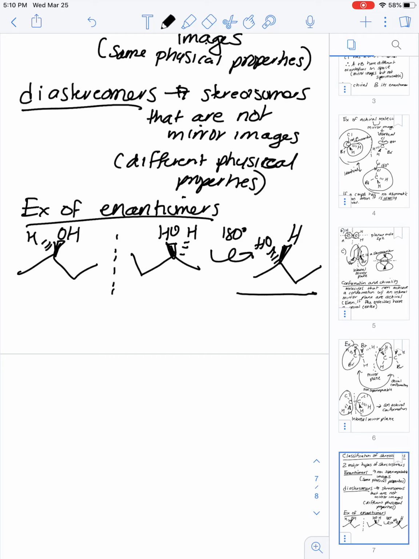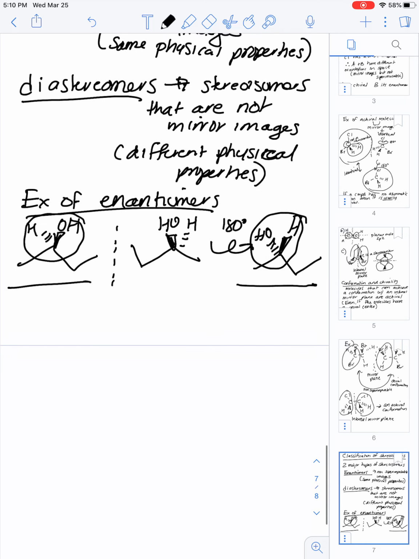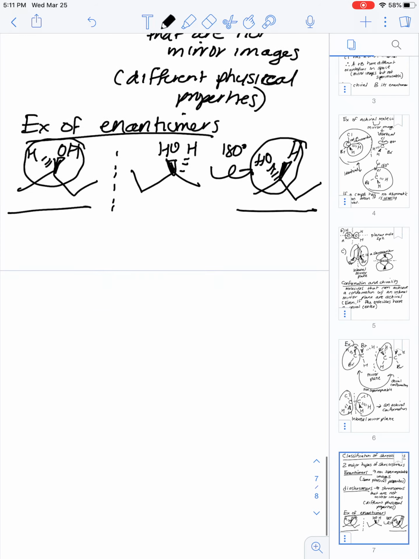Comparing this molecule to this molecule, we can see that the stereochemistry of these groups here is different. So these are not identical. They're non-superimposable mirror images. They are different in the way that they orient in space. So we would consider these enantiomers. And remember, it's important that enantiomers have the same type of physical properties.